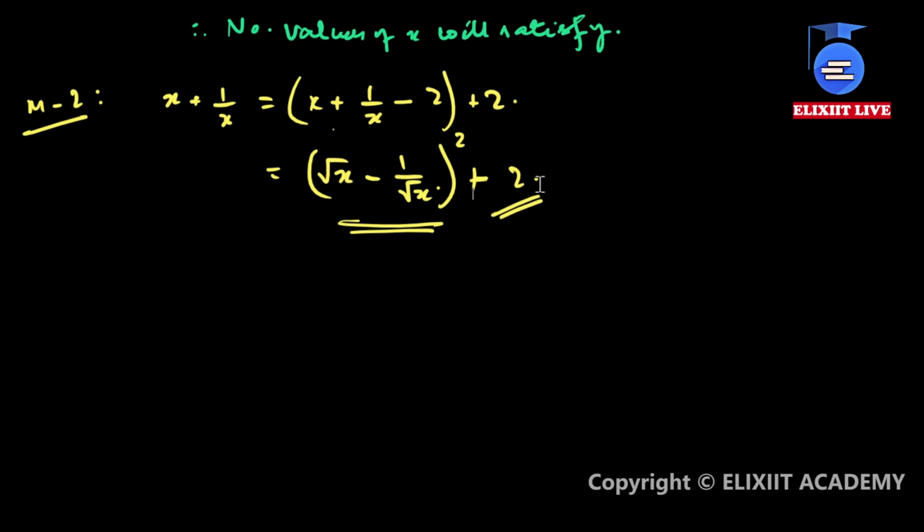For instance, if you consider the positive version, what happens if x is negative? I'll show you the general way. Suppose x is less than 0. If x is less than 0, x must be some negative quantity.